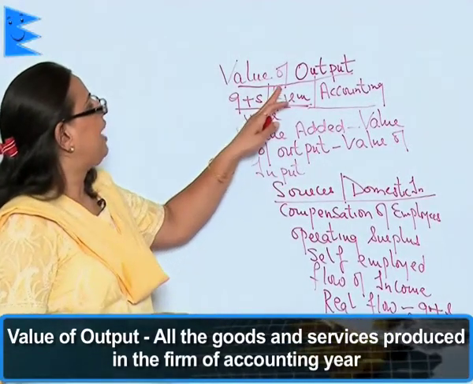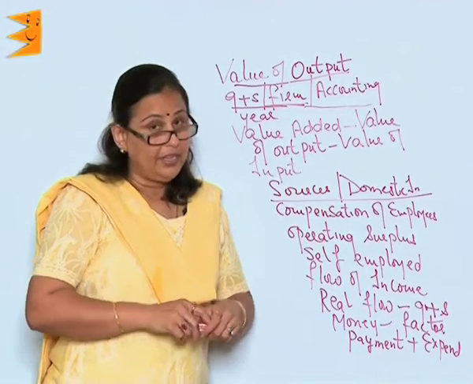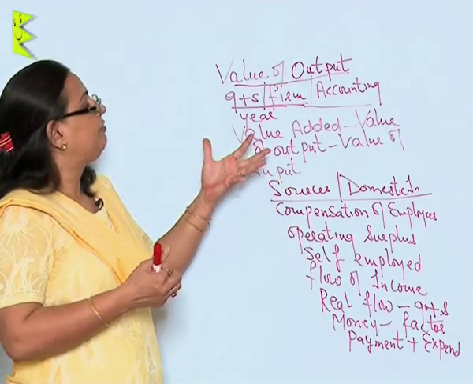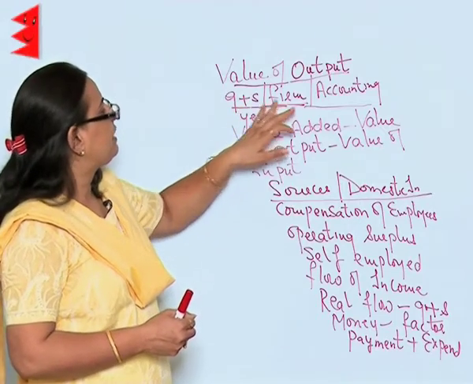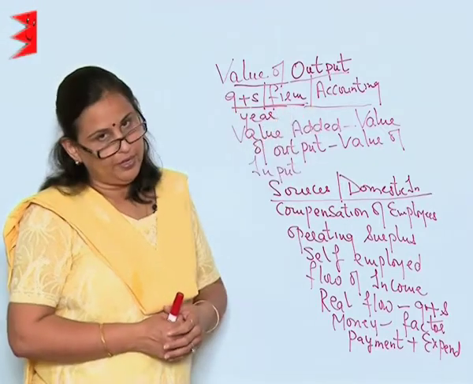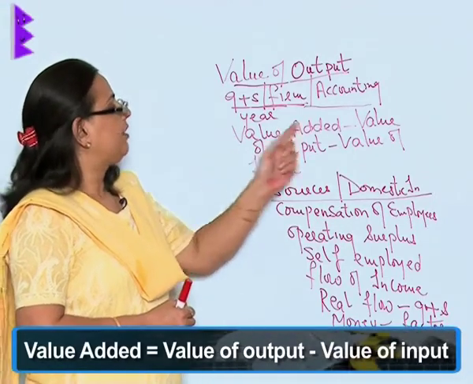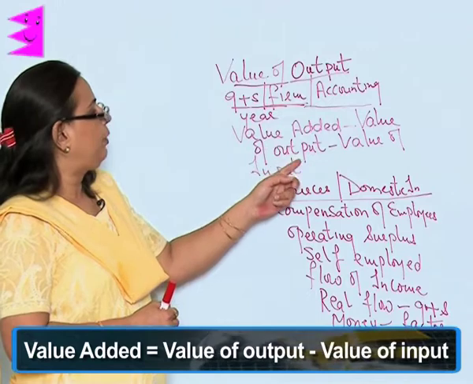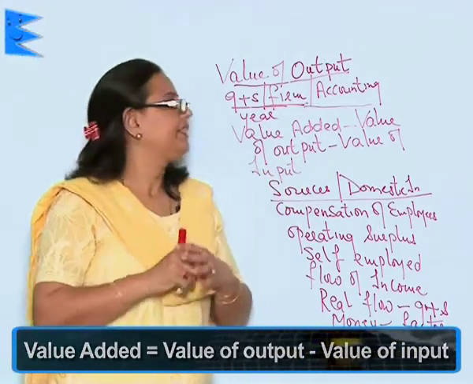That is the final production of the goods and services by a firm in a particular year. But value added means value of output minus value of input. Now, let us try and understand this.